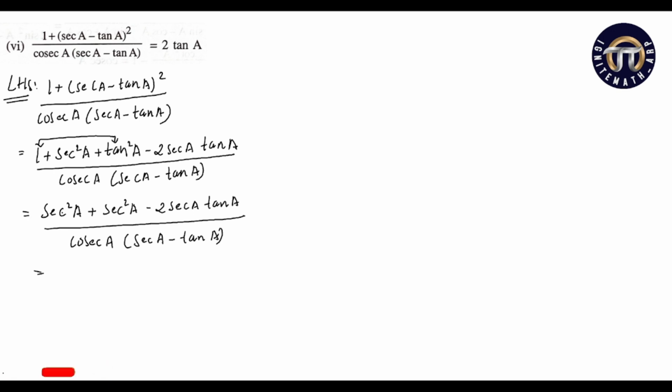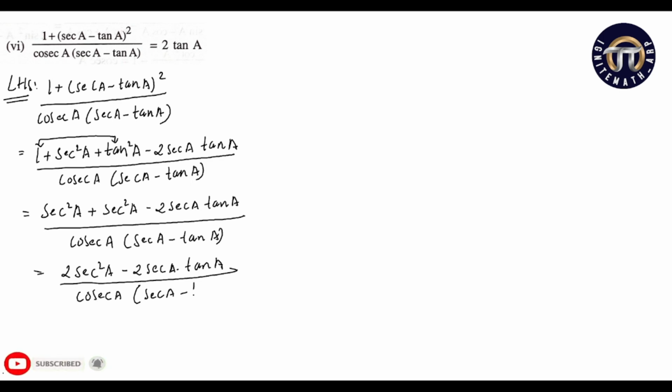So here secant square a I'm going to get as 2 secant square a minus 2 sec a tan a divided by cosec a, then sec a minus tan a.